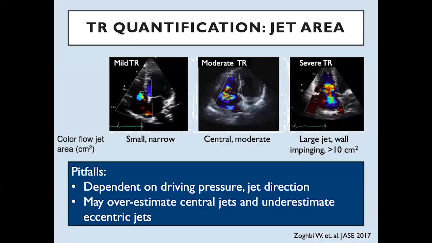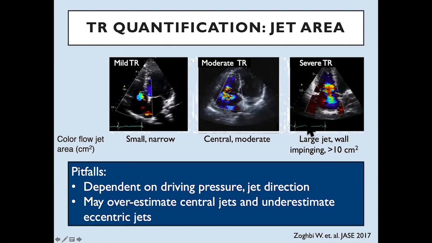The jet area is something that we all do subconsciously when reading an echocardiogram. It refers to the area of the tricuspid regurgitation jet in the right atrium. As you can see here, a small, narrow area means mild tricuspid regurgitation. A central, moderate area means moderate tricuspid regurgitation.